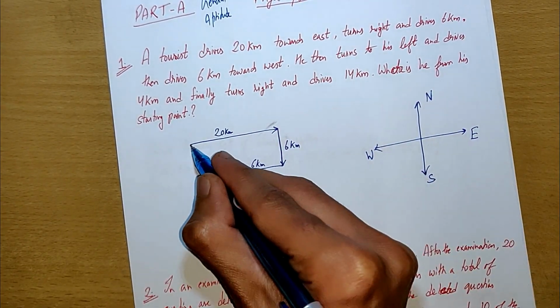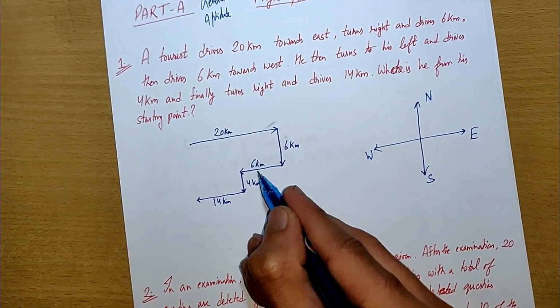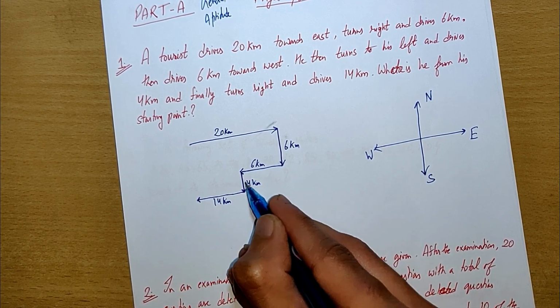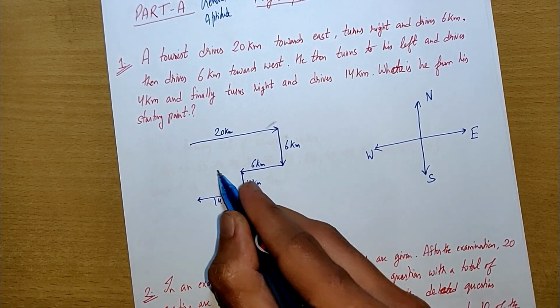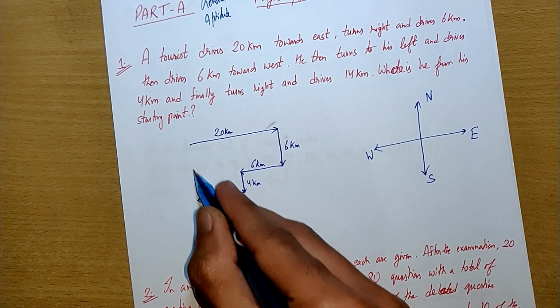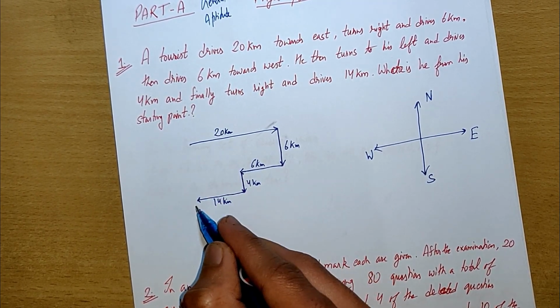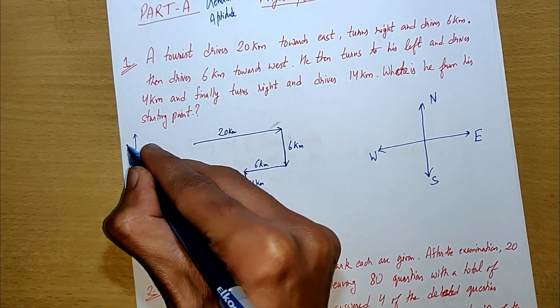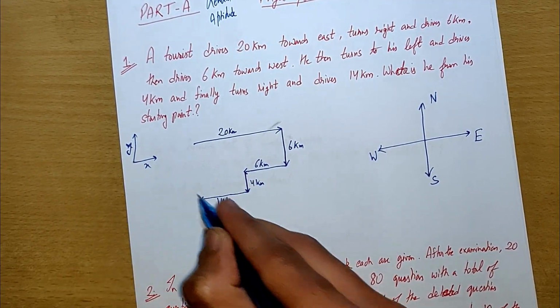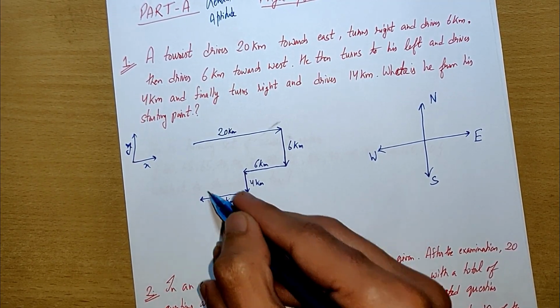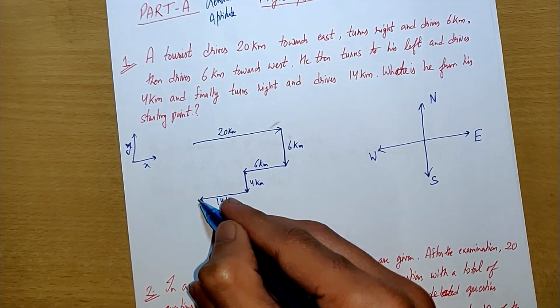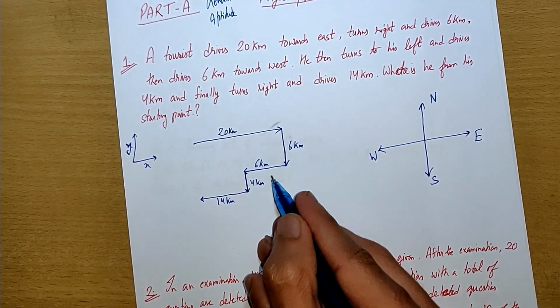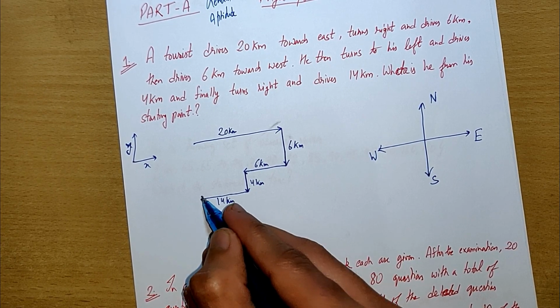So the starting point is here, and he has already driven 20 kilometers in this direction. So the final displacement, if you write the coordinates x, y, will be only in the y direction, because in the x direction he has already traveled 20 kilometers.